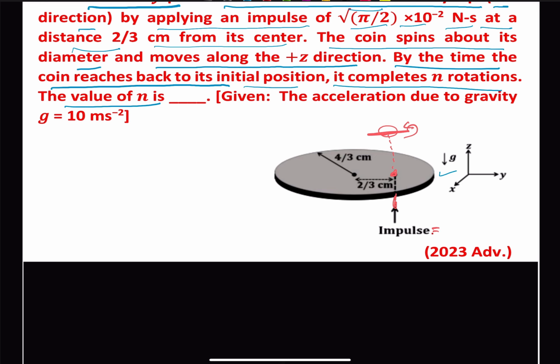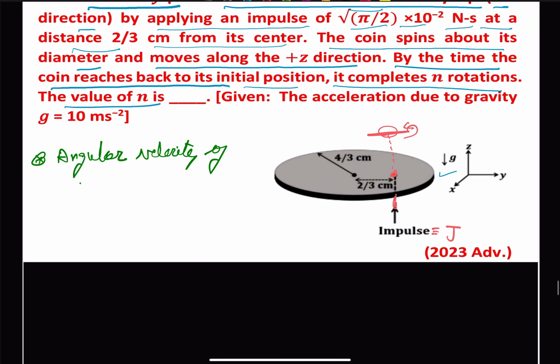Let us suppose this impulse is represented as J. So first of all, we are going to find out the angular velocity of the coin.